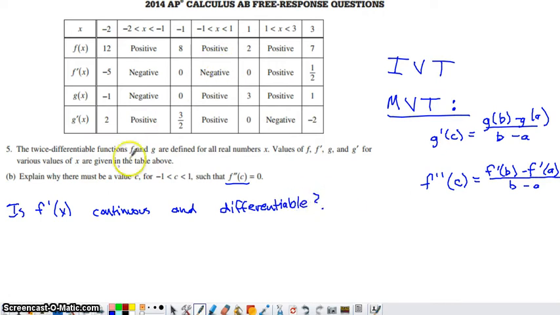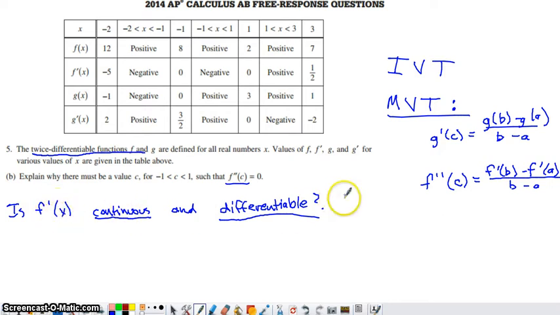If you read this problem statement, it says that f is a twice differentiable function. What that means is that the first derivative always exists everywhere, meaning f prime is continuous. The first derivative is never undefined. And then the second derivative always exists everywhere. And if the second derivative always exists everywhere, then f prime is differentiable because f double prime always exists, and that would be the derivative of f prime.